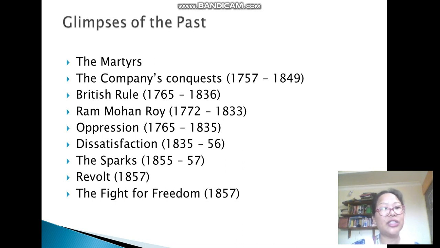Okay, with the struggle of the conquest of how East India Company came into India, how did they spread their rule, and what was the society at that time, how was the Indian society at that time, how did people react to the British rule, and when did the dissatisfaction start, or if there was any segment of people who were satisfied with British rule, and why were they satisfied, why were they dissatisfied, and how did the revolt start.